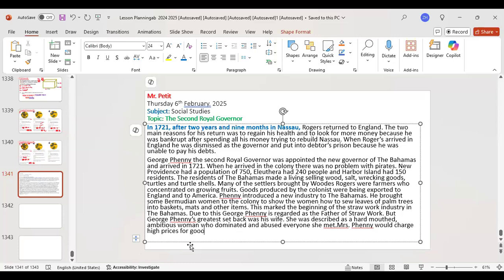She would charge high prices for goods she sold, and would often forget to pay for things she got.